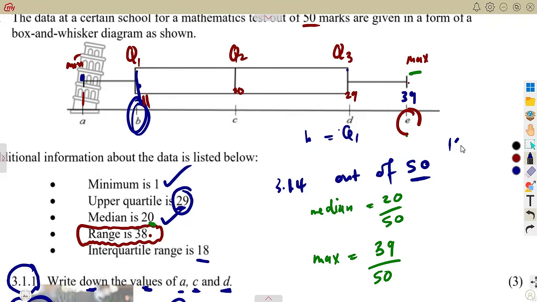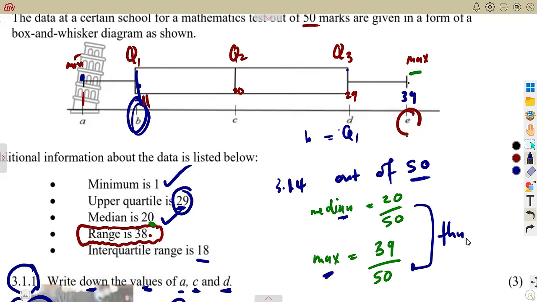Out of 100%, you are at 78. The highest is 78%. This is to show that the test was actually difficult. We do not have anything around the 90%. The median and the maximum values are low according to what we're supposed to have.